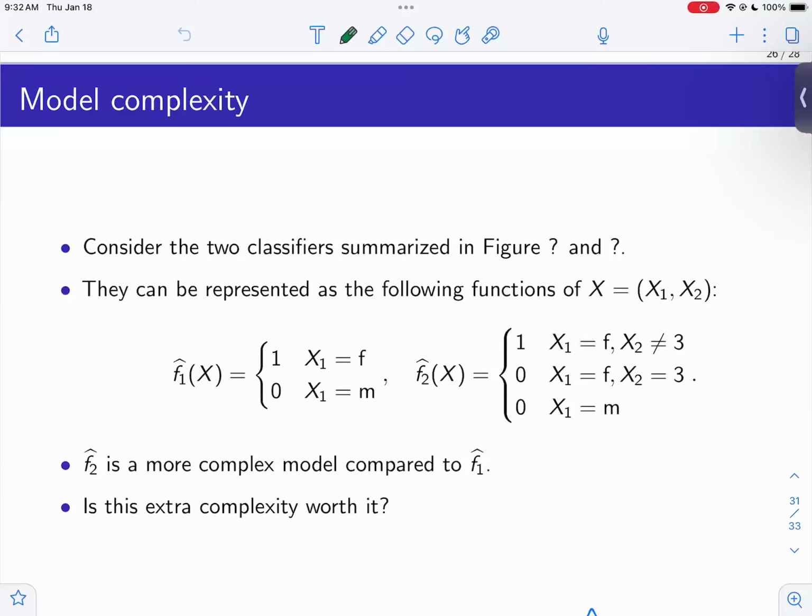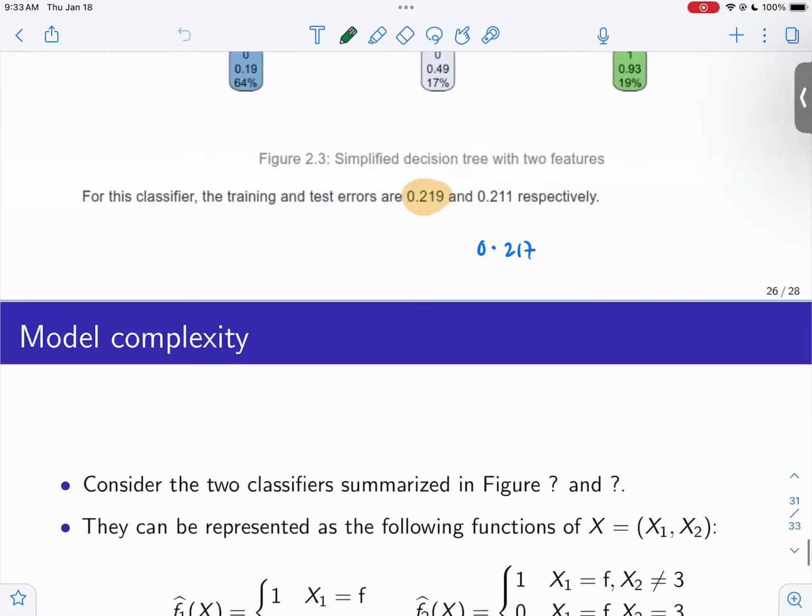And so we did our plug-in estimate of the optimal rule by approximating the joint distribution.